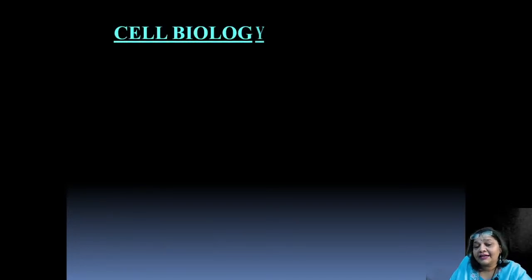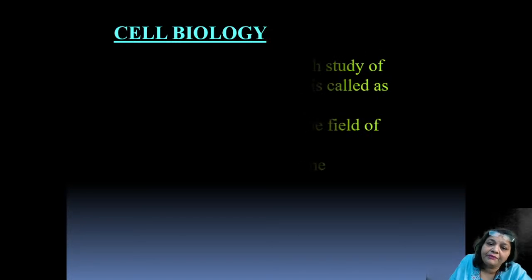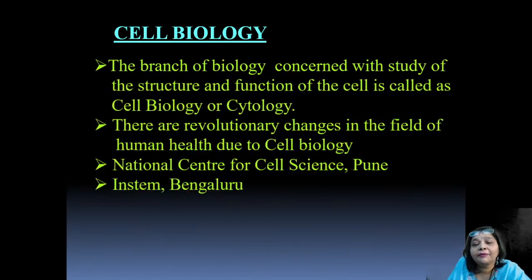Right, so let us talk about what exactly cell biology is. Cell biology is the branch of biology concerned with the study of the structure and various functions of the cell, okay? The branch of biology concerned with the study of the structure and function of the cell is called cell biology or cytology.